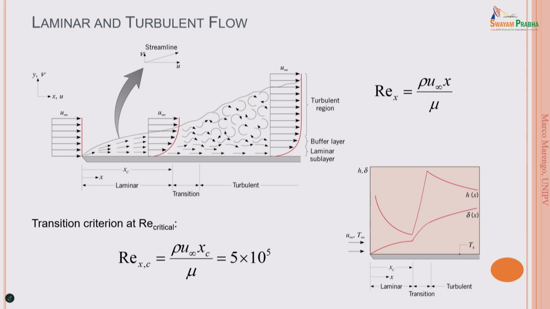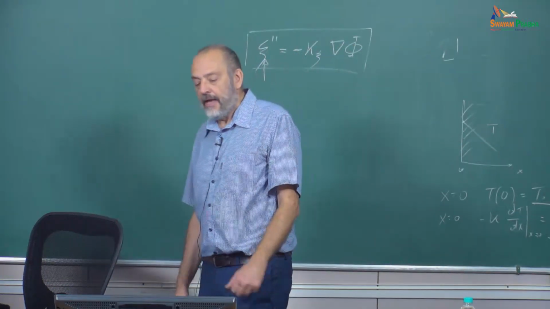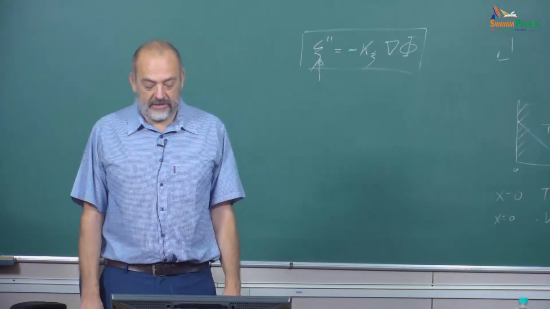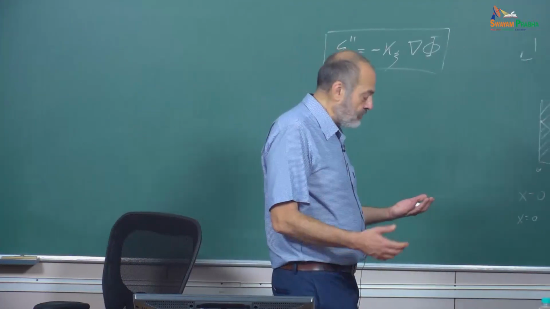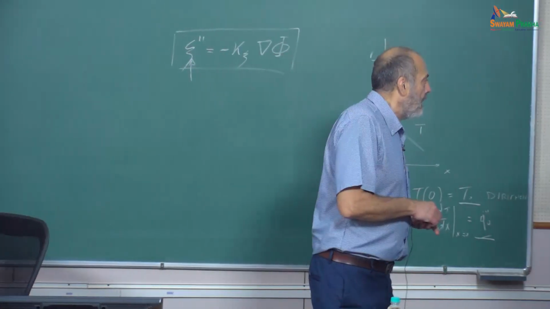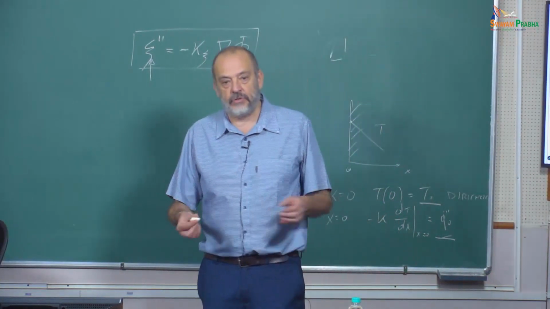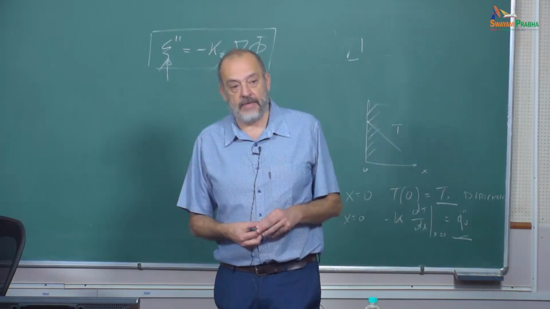So the h is going to be completely different. And luckily, we have a very strong way to try to understand the effect of laminar and turbulent flow, using a dimensionless number which is very famous, the Reynolds number. The Reynolds number is the ratio between the kinetic energy and the viscous work, okay?